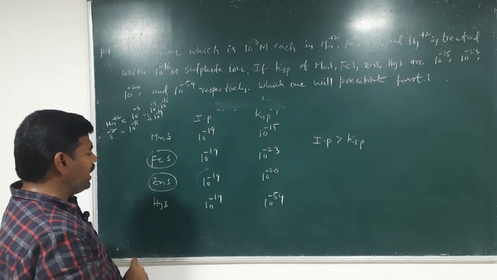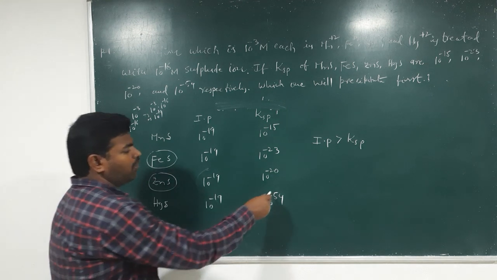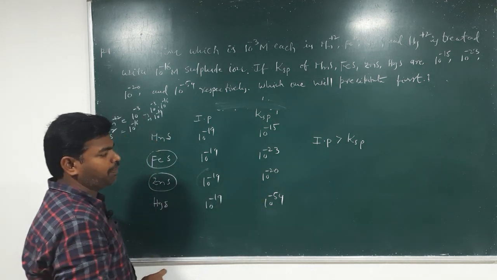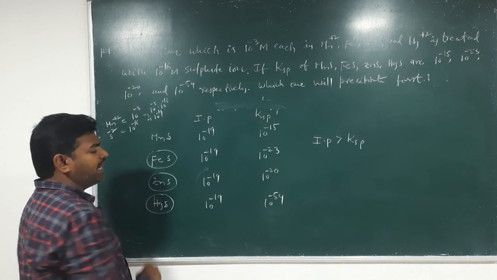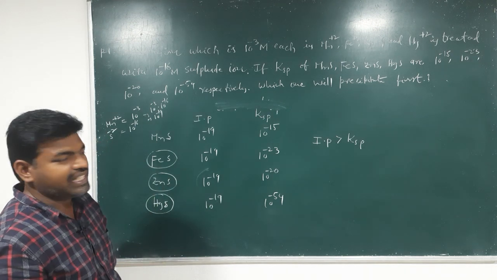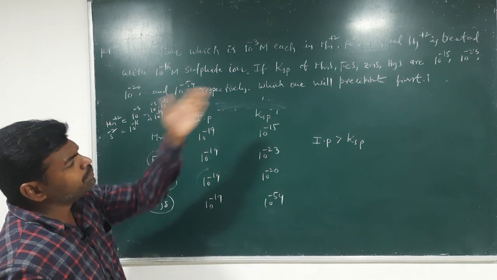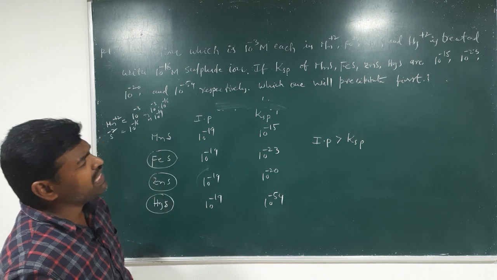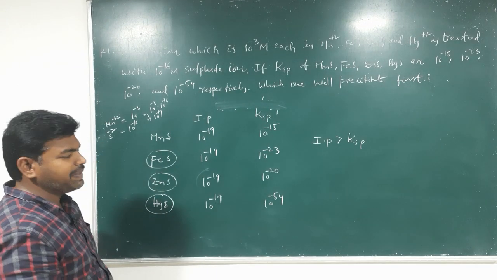In mercury sulphide, 10 power minus 19 is the ionic product and 10 power minus 54 is the solubility product, so ionic product is also greater. But they asked which one will precipitate first.